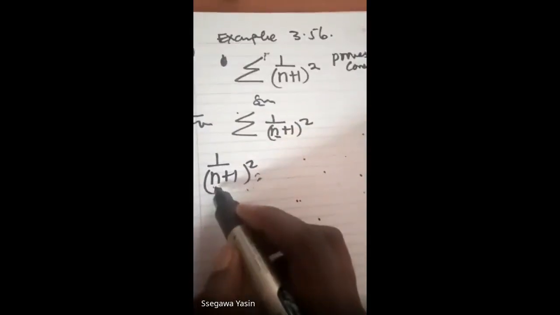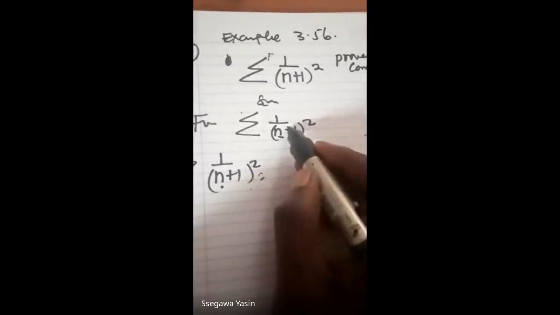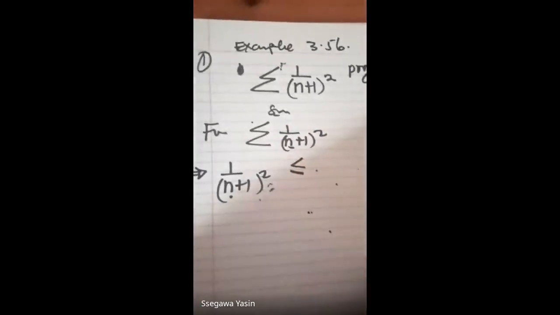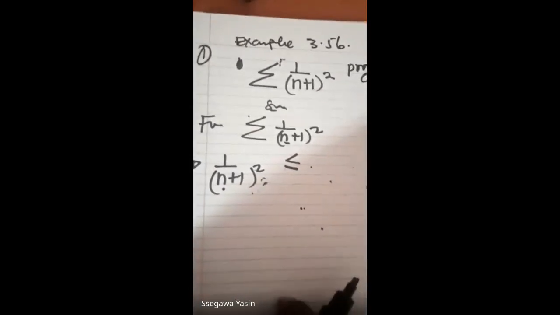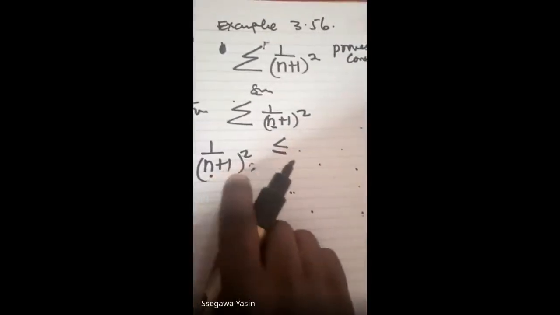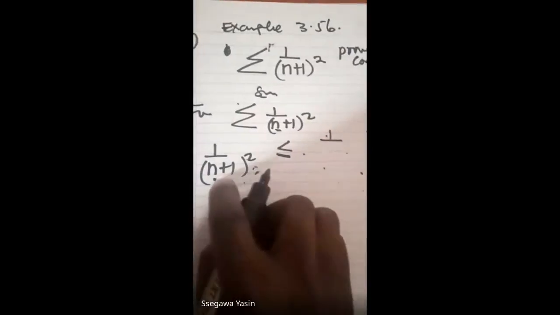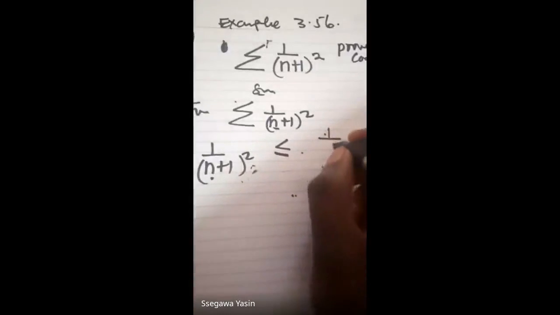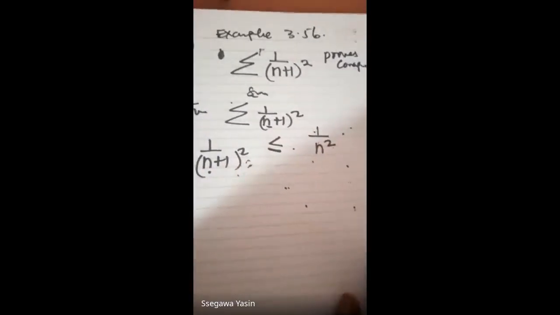Now, this one here is a sequence from this series. You remember the other format of just reducing on the number of n's or number of unknowns. It is the same thing we are doing now. This will be less or equal to 1 over n squared, because I'm reducing on the denominator. I'm dropping out a 1.